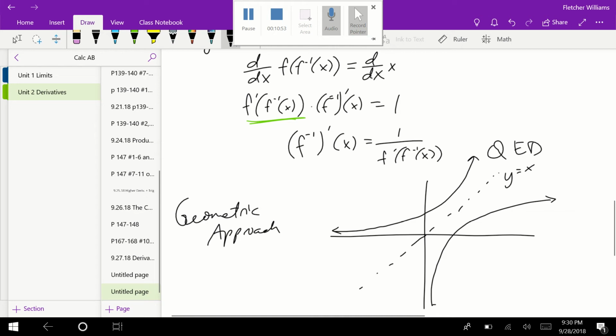Now, if you picked a point on one, let's say A, B, then the point reflected over that corresponds with that would just be B, comma, A. And you can actually see that if you draw tangent lines to those points, well, let me actually make that one a bit more pronounced.